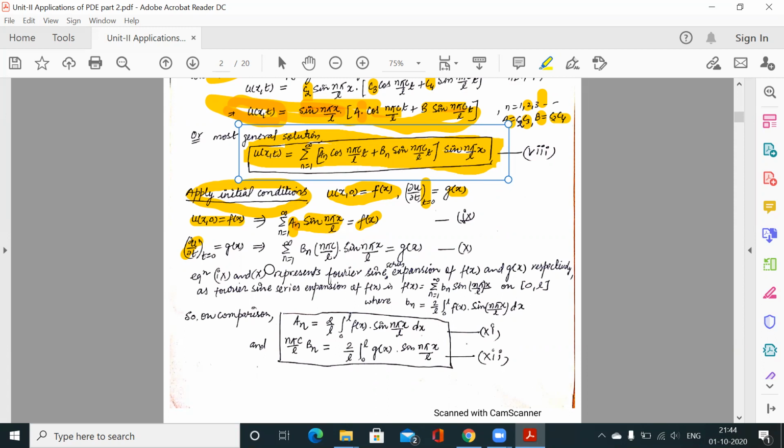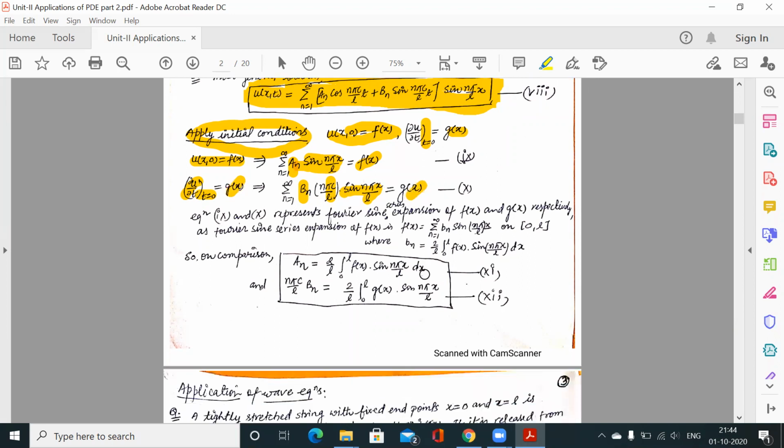So we get b_n into the differentiation, cos(n pi c t by l). Since t is 0, cos 0 is 1. So b_n into 1, and the differentiation also contains the coefficient of t, n pi c by l, into sin(n pi x by l). This is del u over del t at t equal to 0, which is g(x). So this is equal to g(x).